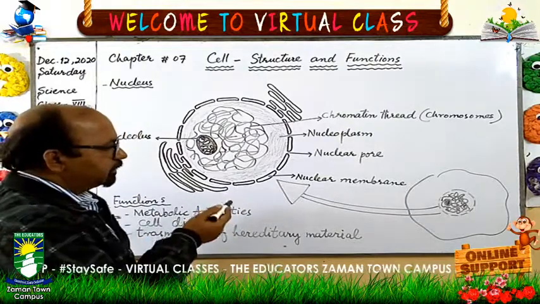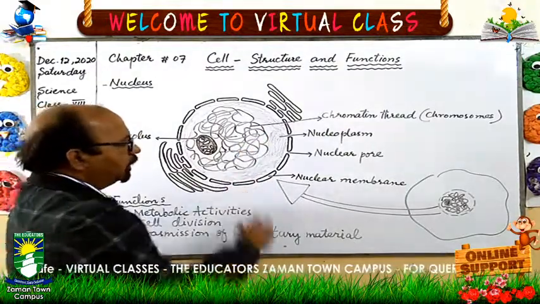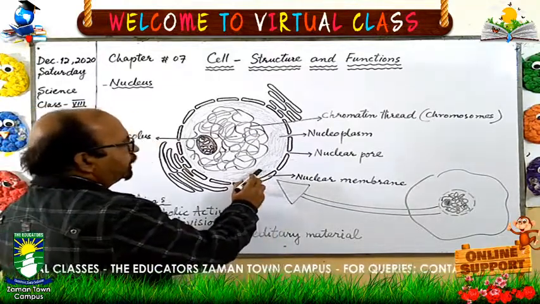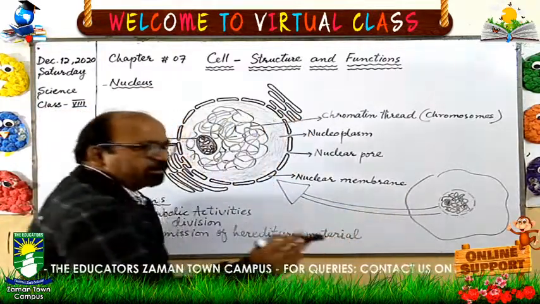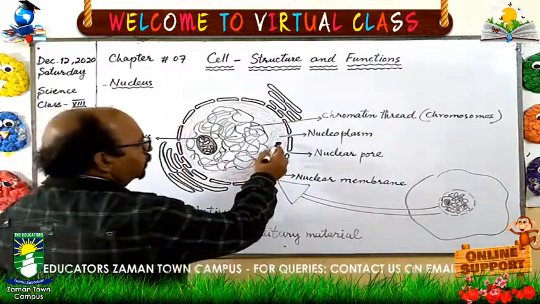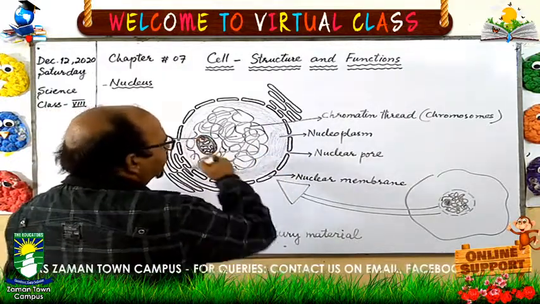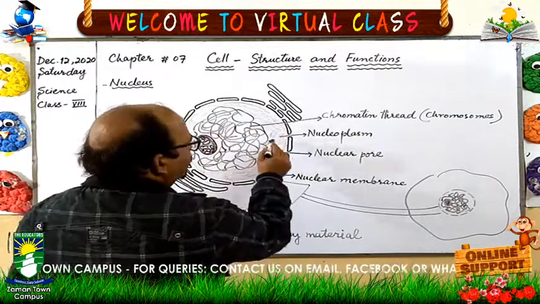The layer around it is called the nuclear membrane. After the nuclear membrane, there is a nucleoplasm. As there is cytoplasm in the cell, there is nucleoplasm in the nucleus. This whole portion is called nucleoplasm.